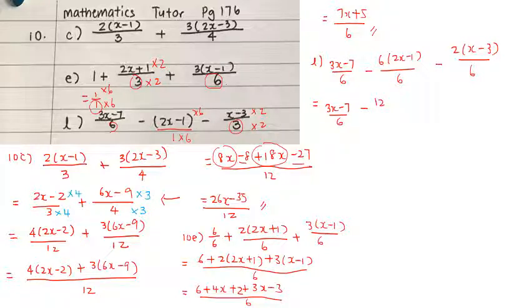Oh, sorry. I could do by grouping the three fractions into one. 3x minus 7 minus 6. And denominator 6. Expand out.